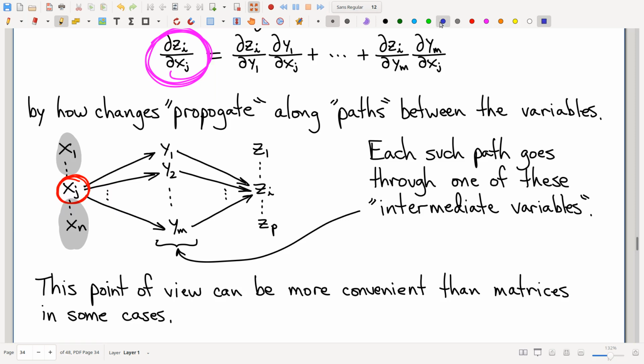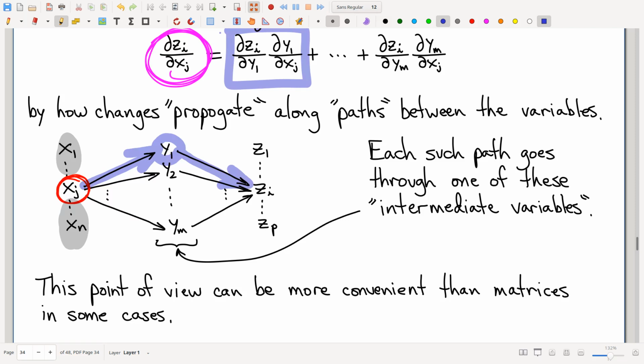So let's see here, we'll use this color. As I change xj, that'll cause y1 to change, and as I change y1, that will contribute to zi changing. And notice those two factors are right there in this first term.